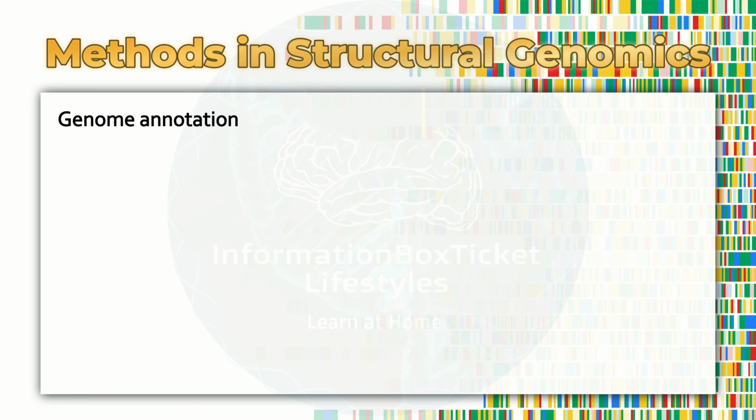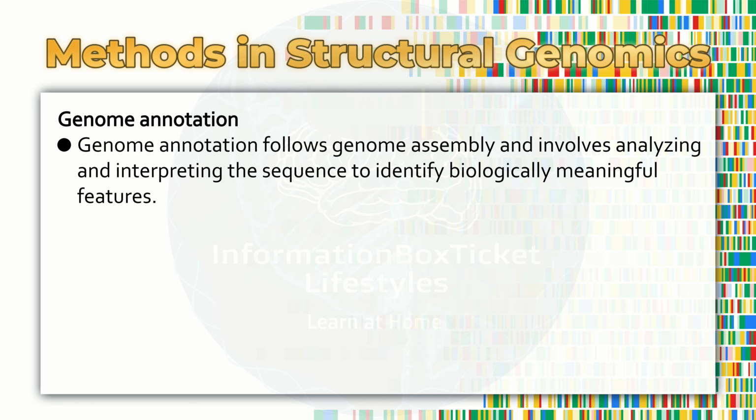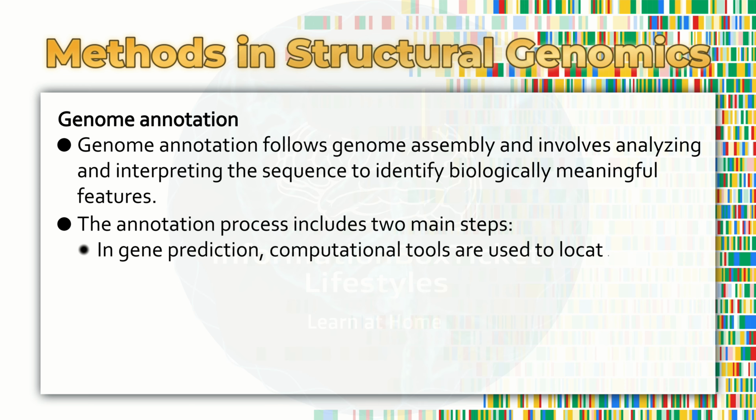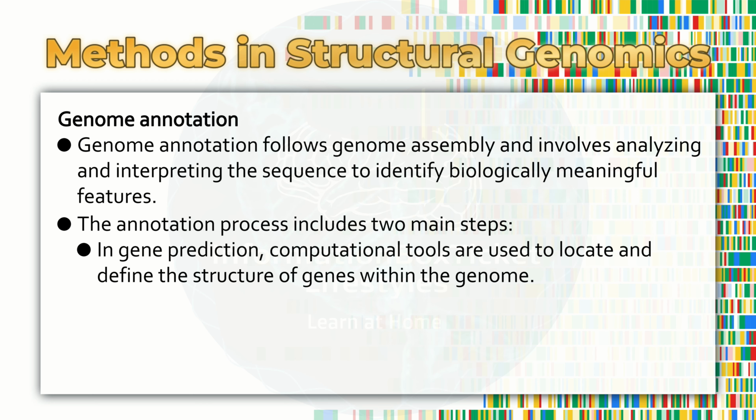Genome annotation. Genome annotation follows genome assembly and involves analyzing and interpreting the sequence to identify biologically meaningful features. The annotation process includes two main steps. In gene prediction, computational tools are used to locate and define the structure of genes within the genome.